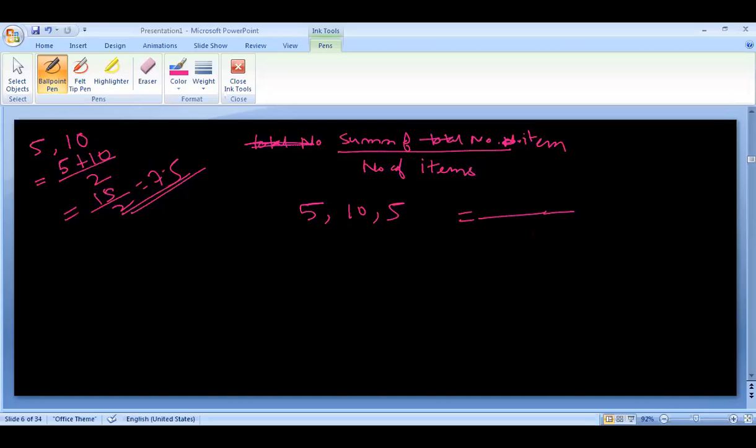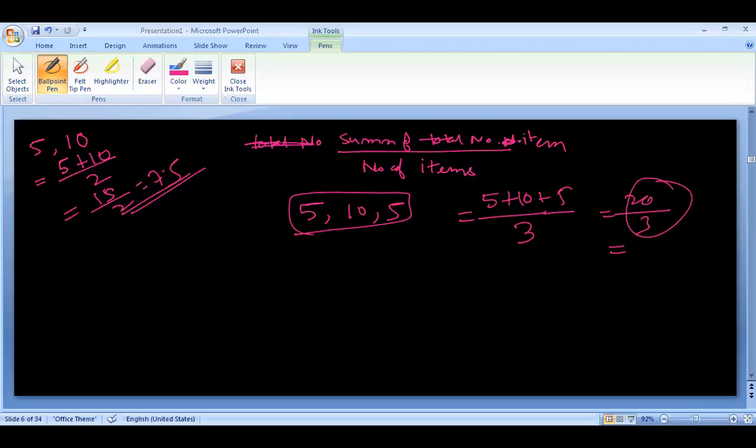So in the denominator it will be 3, and in the numerator it will be 5 plus 10 plus 5. So 20 by 3. This is the average of these three numbers. Have you understood the average? Average means summation of the total numbers divided by the number of items. If 3 numbers are there, divide by 3; here 2 numbers are there, so 2. Okay, clear, all of you?